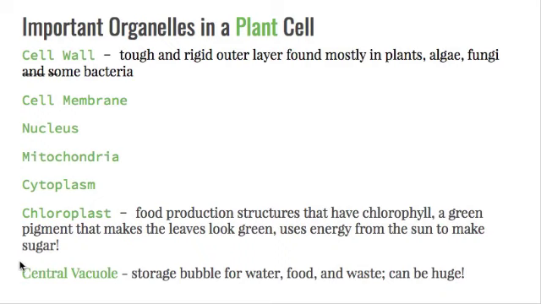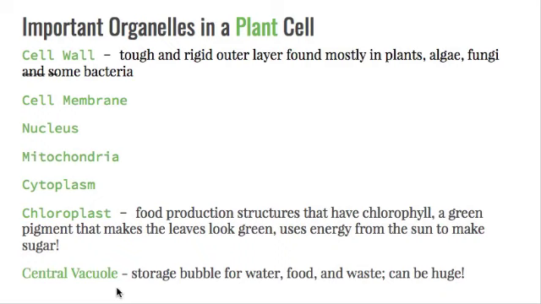And then they have a central vacuole. Animal cells can have a vacuole, but they're very tiny, and there are a few of them. But a central vacuole in a plant cell can be really big and almost take up the whole cell. It's this huge bubble that stores water, food, and waste. And it can help some of that disperse and go through the cell membrane and cell wall.